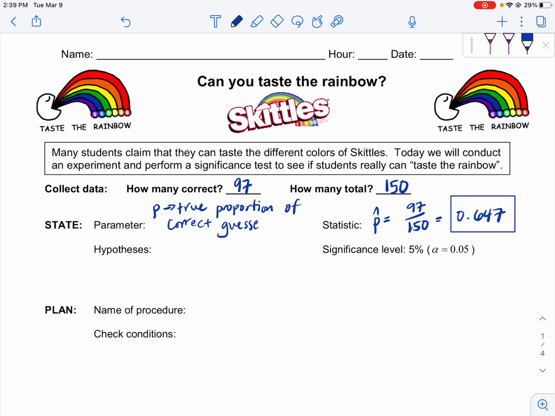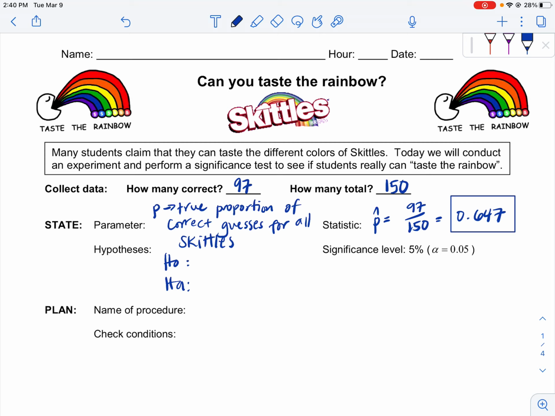As I have mentioned earlier, there are only 5 colors of Skittles. So if you're purely guessing, there's a 20% chance that you will get it right. Like when you're doing multiple choice with A, B, C, D, E and you don't know the answer, there's a 20% chance of getting it correct purely by chance.